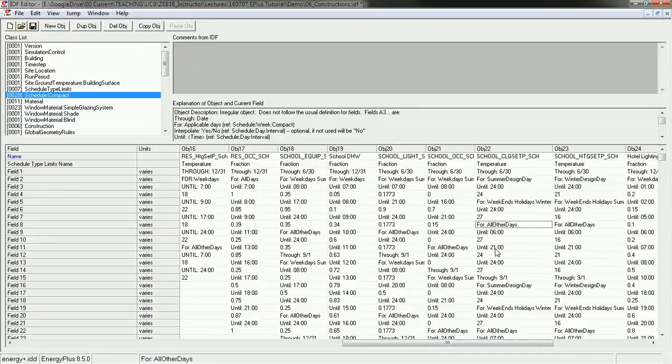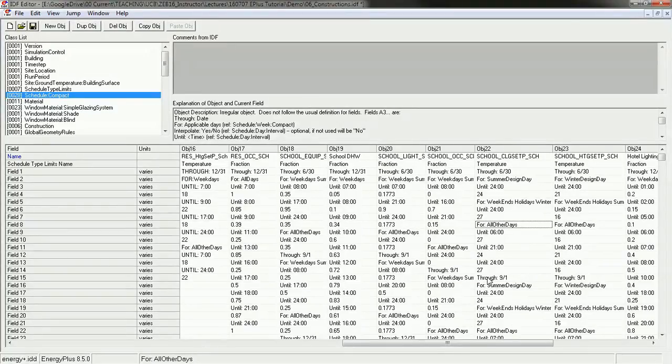From 6 a.m. to 9 p.m., the thermostat is set for 24 degrees. And then from 9 p.m. to midnight, it's set back to 27. This is called a setback thermostat because during the daytime, it's set to a more comfortable setting, and at night, when fewer people are there, it's set to a less comfortable setting.